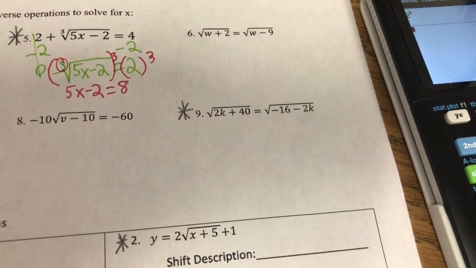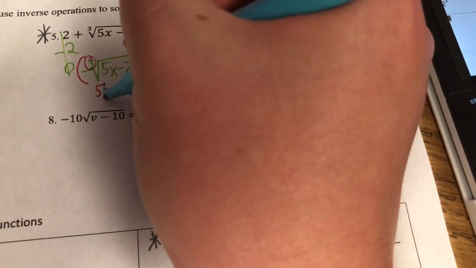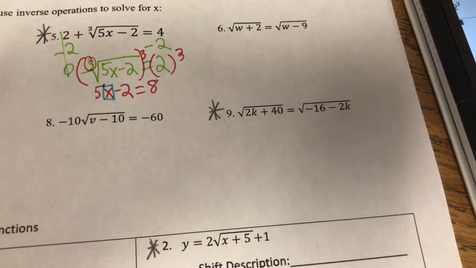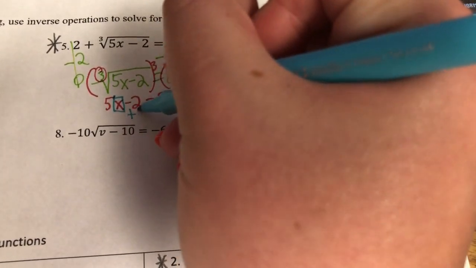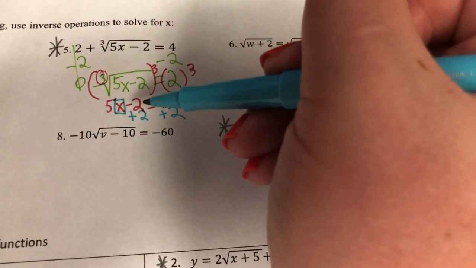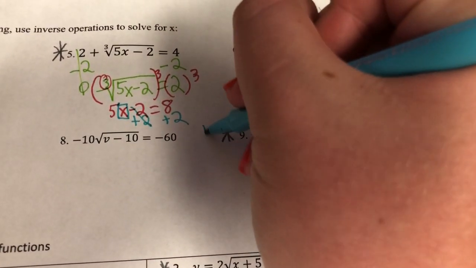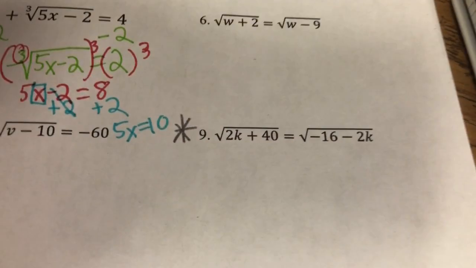And then you're going to keep going because x is still not by itself. If you want to box it in, circle it, do whatever you need to. That's our goal, is to get that box by itself. So we're going to add 2 on both sides. Negative 2 plus 2 cancels out. We're left with 10 equals 5x.